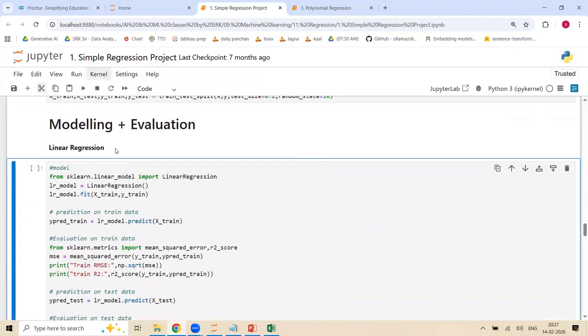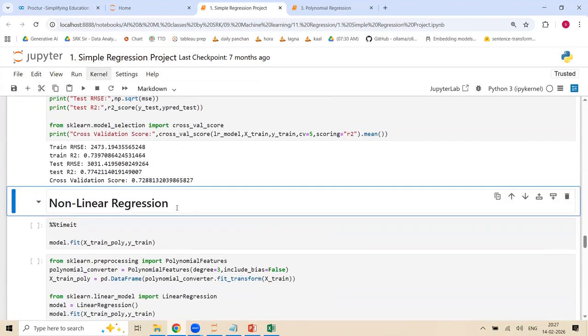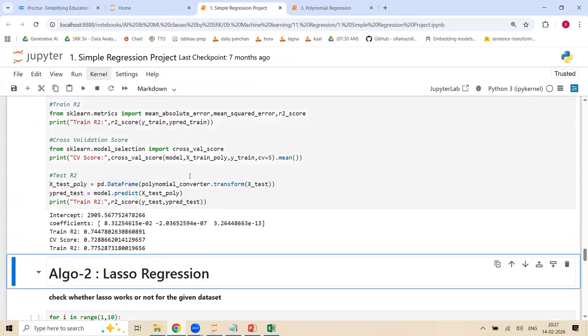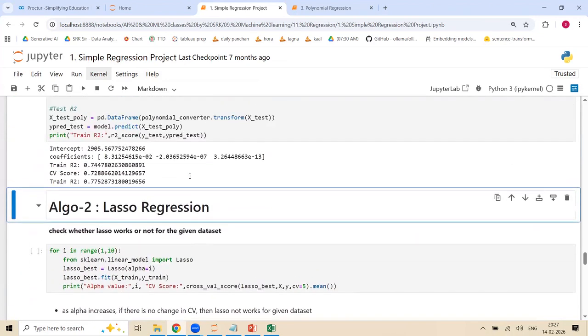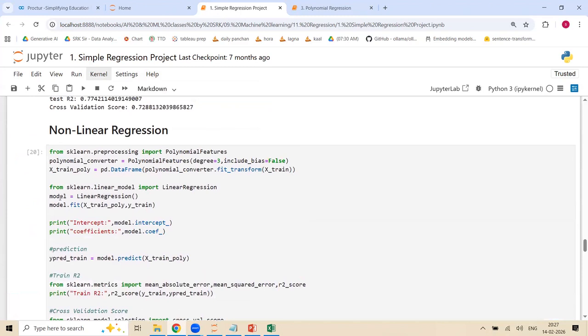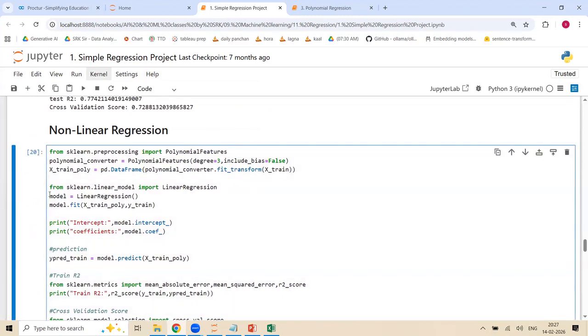This is not required now. Only this one. Done. This is also not required now. Only this one. Done. Lasso, Ridge, anyways. Now, what is my final model? What is the name of my model? Let us give the name of this model as NLR model, and within the NLR model, let us fit our data. Okay, done.